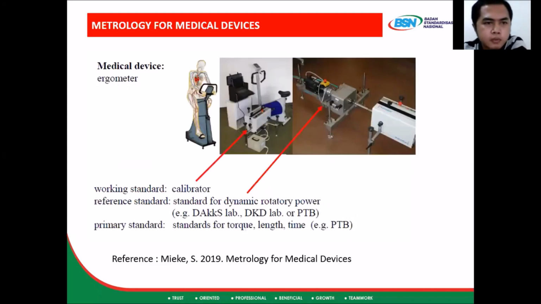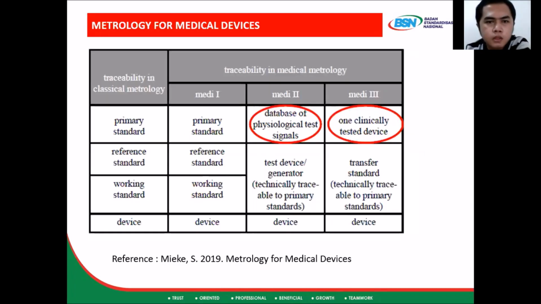Then the second medical device is the ergometer, where the working standard is a calibrator, and the reference standard is the standard for dynamic rotatory power, traceable to the primary standard, which is the standard for torque, length, and time. This is the example from PTB Germany. So this is for the examples of MEDI 2 and MEDI 3.